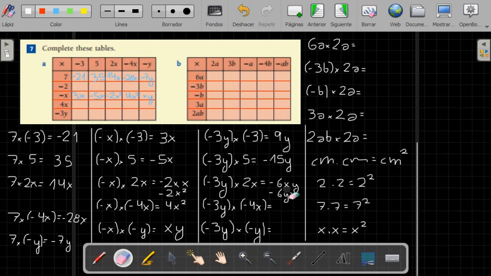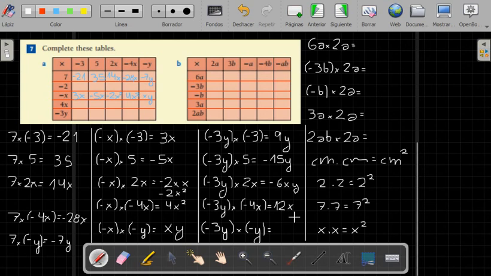Yo me voy a quedar con el primero, que está ordenado alfabéticamente. Recuerden, el otro no está mal, 6yx está igual de bien que 6xy, pero se ve más bonito ordenado alfabéticamente. Now, negative multiplied by negative is going to be positive, and 3 times 4 is 12.